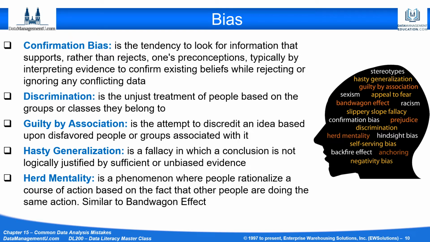Discrimination. This is the unjust treatment of people or even groups of people based on the groups or classes they belong to. This is something that in data analysis we don't see all the time, but in certain organizations, especially federal organizations where they're looking at individuals maybe a little bit differently than corporations do, discrimination can come up.